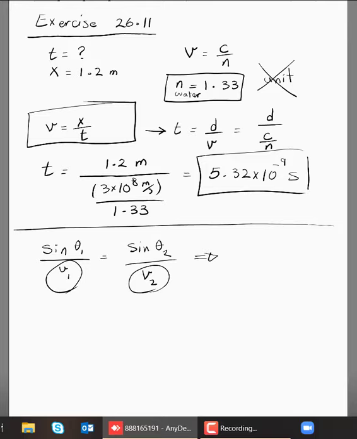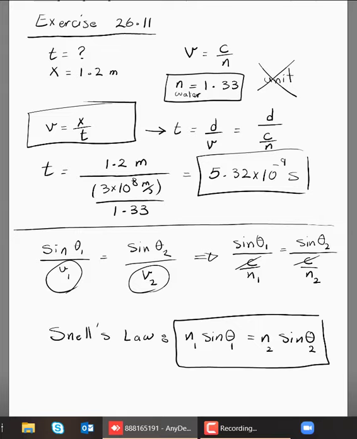So I can write that sine theta 1 divided by c over n1 equals sine theta 2 divided by c over n2, and then get rid of the c. What I see here is the famous equation that we call Snell's law. Snell's law says that n1 sine theta 1 equals n2 sine theta 2.